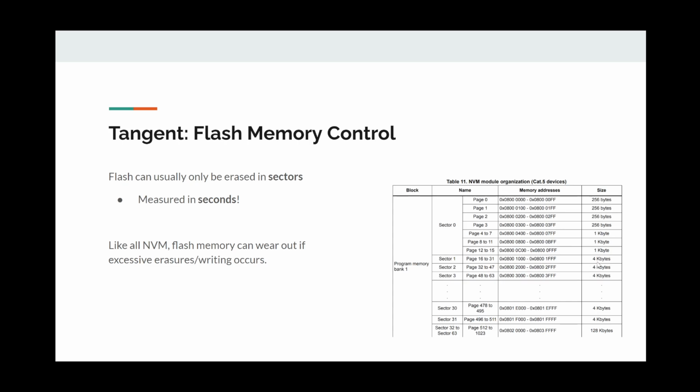Sector 1, I can only erase in 4 kilobyte segments. And then sectors 32 to 33, I can only erase in 128 kilobyte segments, if that makes sense. It's telling you the lowest possible unit of flash that you can erase or write to. Clear? Any questions? Haziness? All right. Before I put you all to sleep, let's move on.